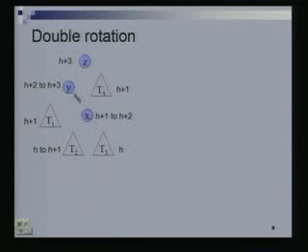Which of these three keys, x, y and z, is the middle key? X, y or z, which of these is middle? Z is the largest, y is the smallest, right? If you recall, in the previous rotation we had x, y and z.